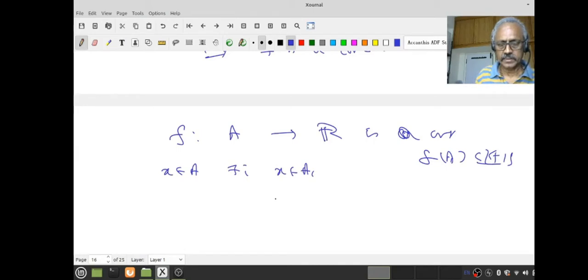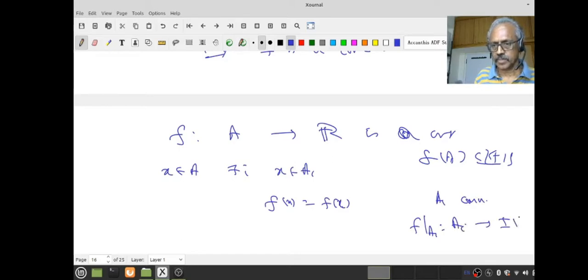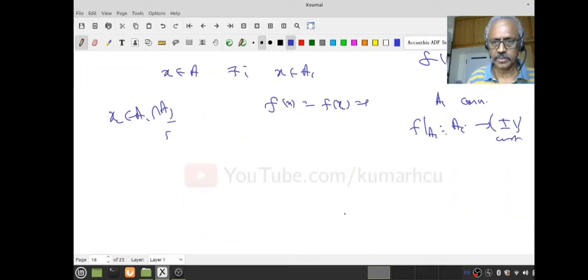But then f of x must be equal to f of xi, because Ai is connected, therefore f restricted to Ai into plus or minus 1 is a constant, and xi belongs to Ai. Where is this xi? In Ai intersection Aj. On Aj f is the constant 1, therefore it's 1. So what do you think I have proved? f is constant 1 on all of A.